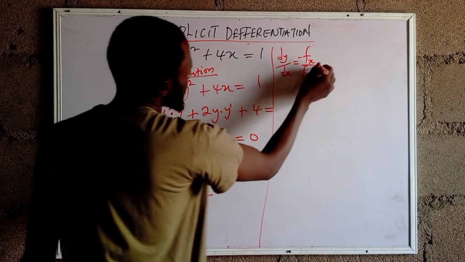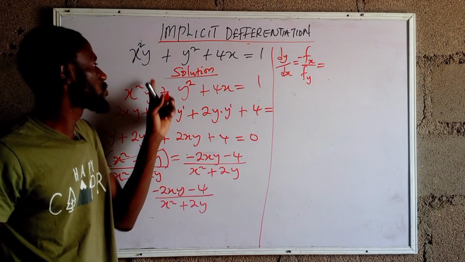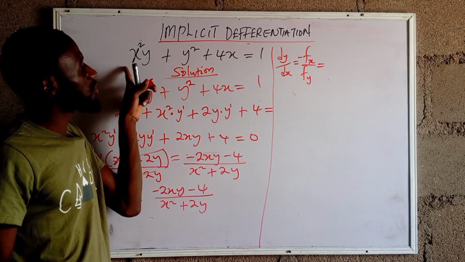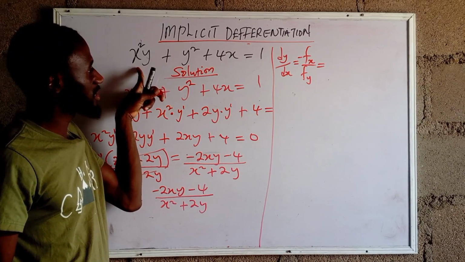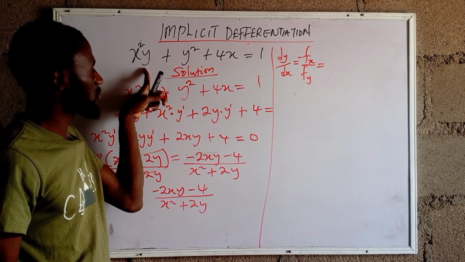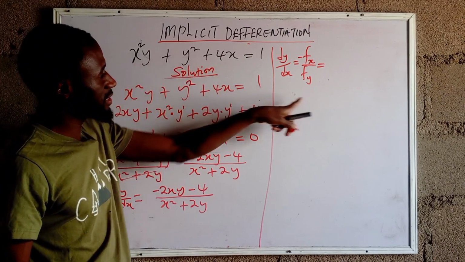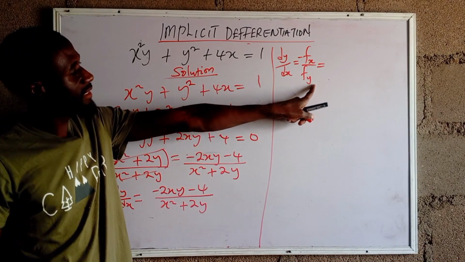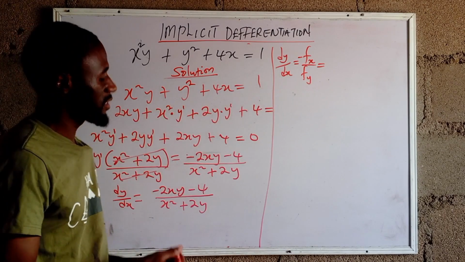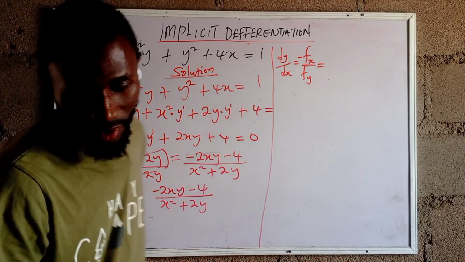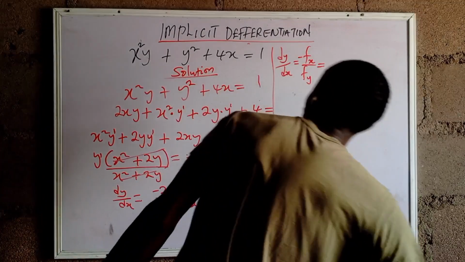Therefore, in this case, we differentiate any function containing x for the numerator. Later on, you differentiate any function containing y in the denominator. Let's see how we can do it.